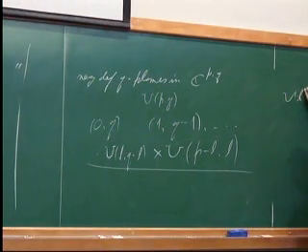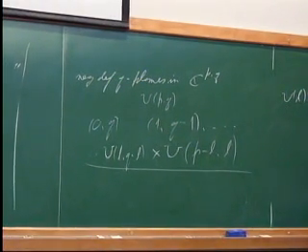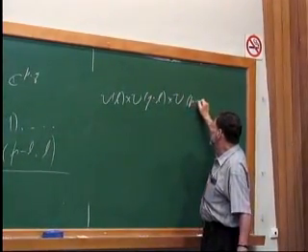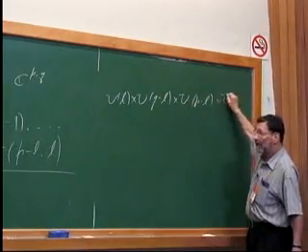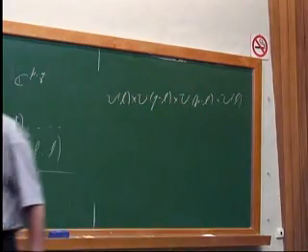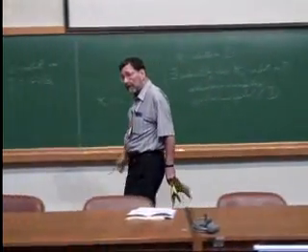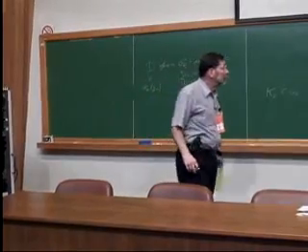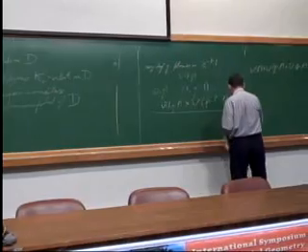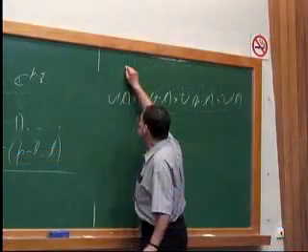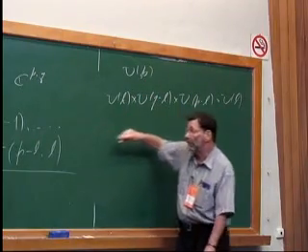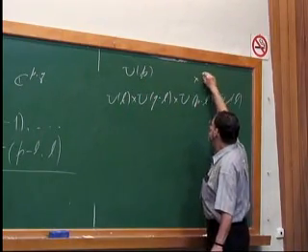It looks like U of L and U of Q minus L and U of P minus L and U of L. And what you can get out of this is going to be the stabilizer under UP, the maximal compact subgroup of G0, and UQ.